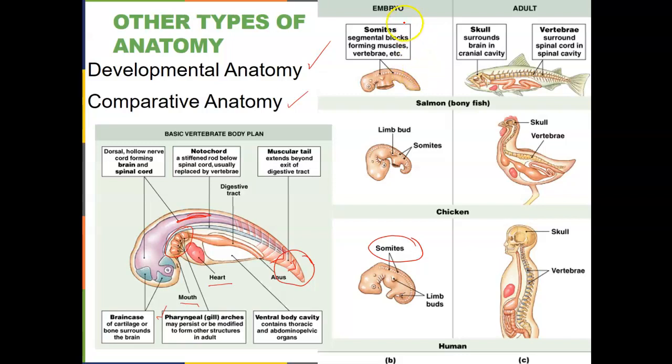So you can see the somites again right here in a salmon embryo, somites in a chicken embryo, which differentiate as vertebra here and here. You can also see how the respiratory system differentiates. Well, maybe not respiratory, my apologies. The digestive system differentiates, and how the brain and the nervous system differentiates.